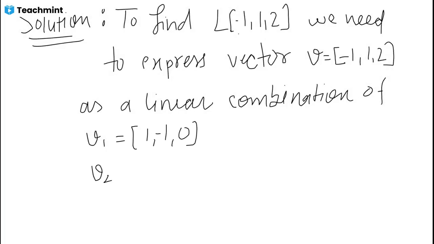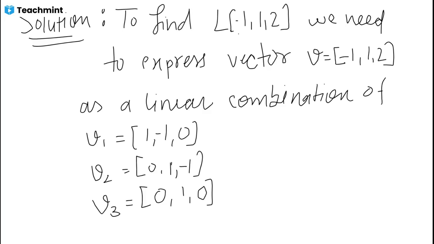Because we have three vectors, to form a linear combination we need to take corresponding scalars alpha 1, alpha 2, alpha 3. Got it?